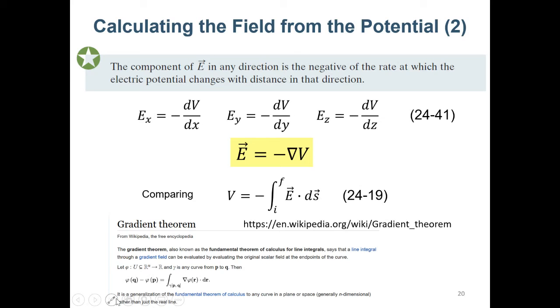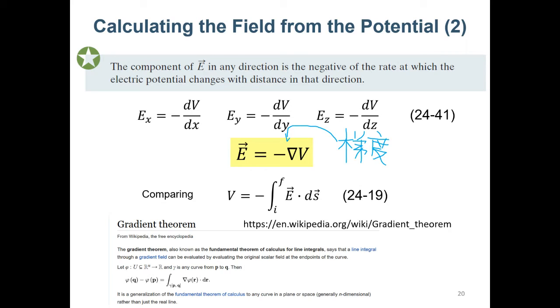This is called a gradient. Actually, we can write a gradient using the unit vectors, so it will look like partial x in the x direction, plus partial y in the y direction, which is j hat, plus partial z in the z direction, which is k hat.